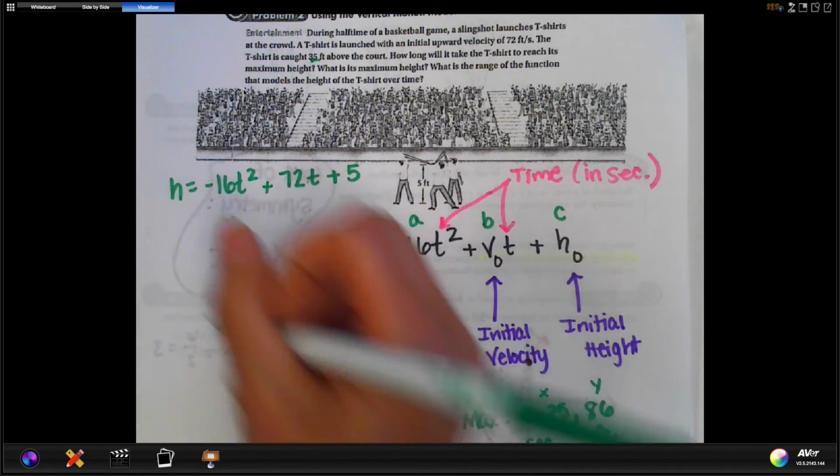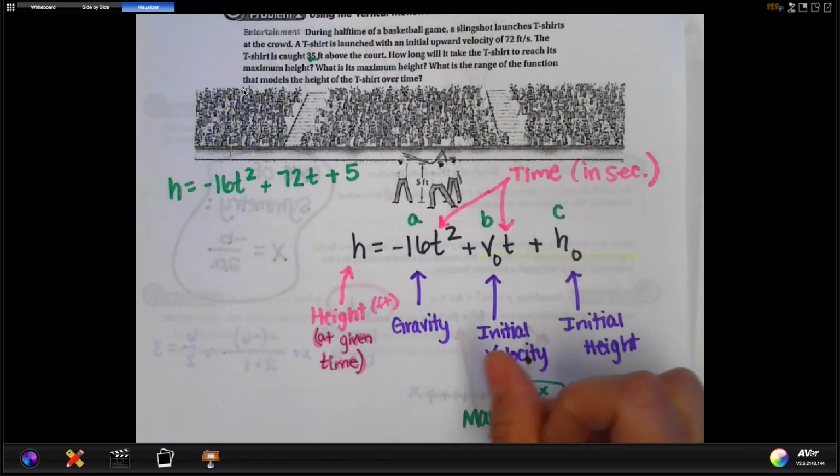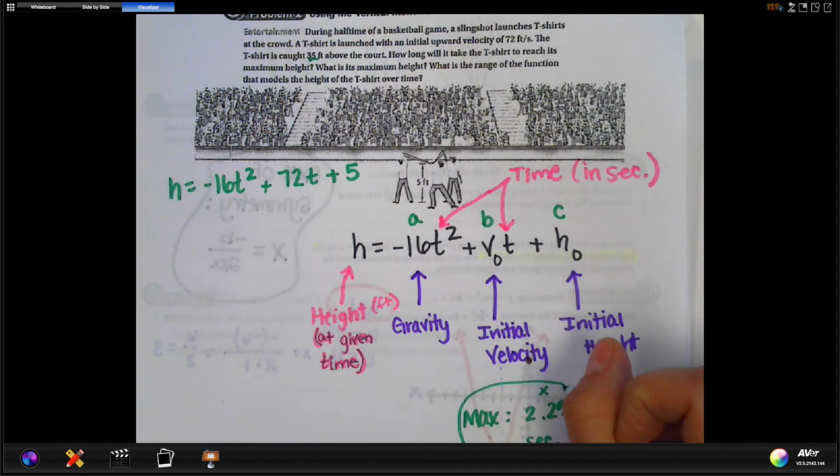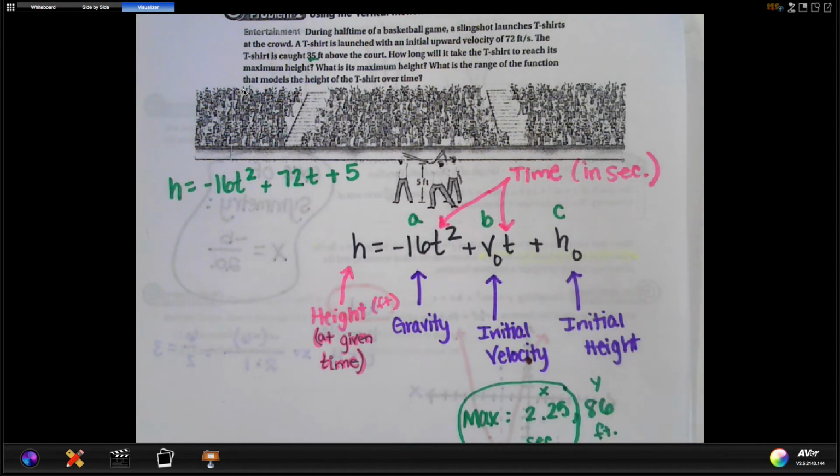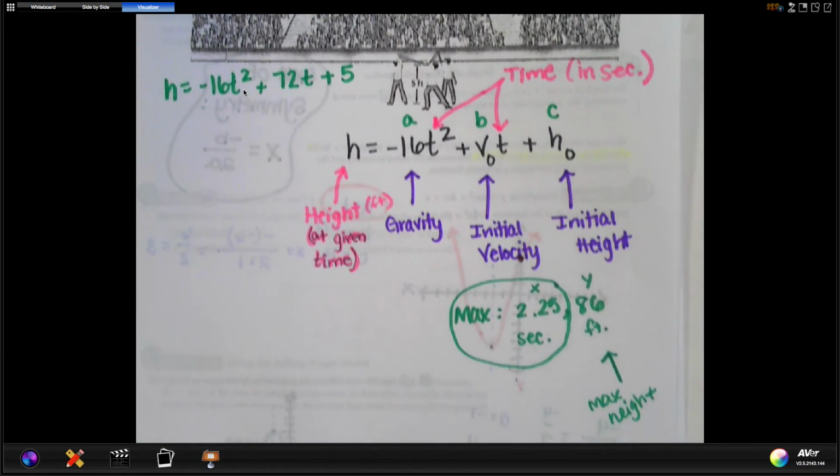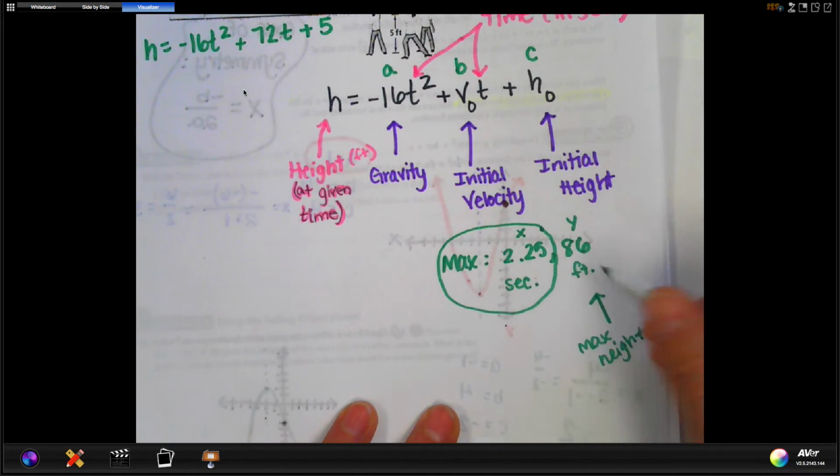Yeah, max height is at 2.25 seconds. What is the maximum height? 86 feet is our max height. Yep, hold on.